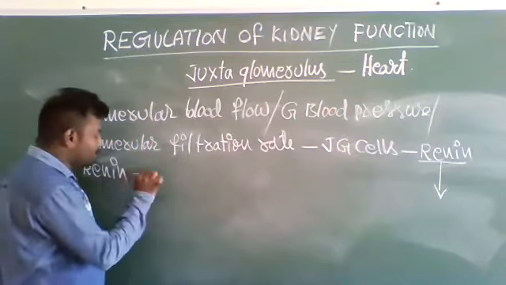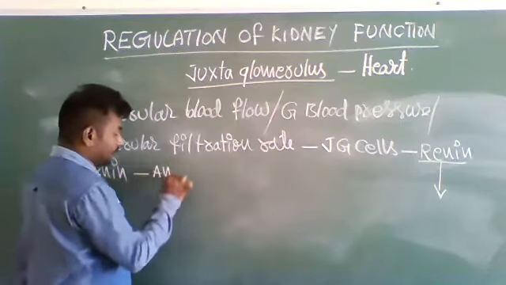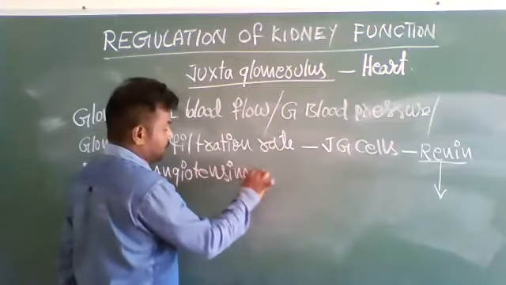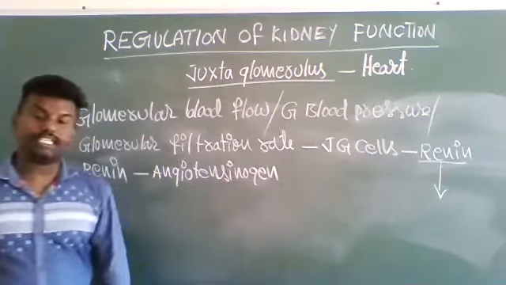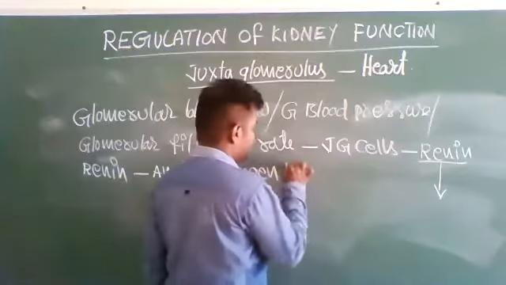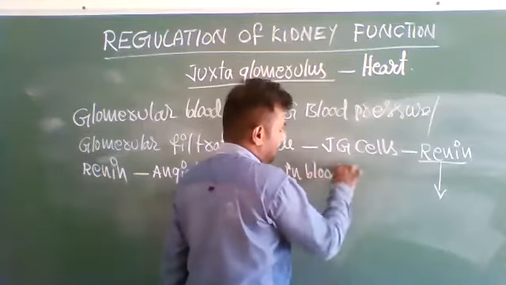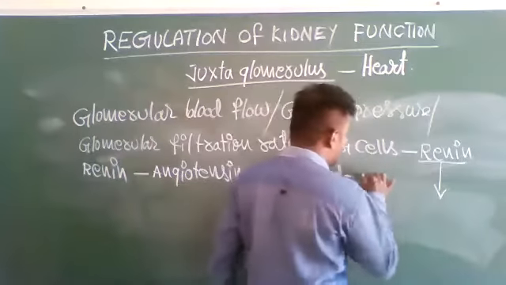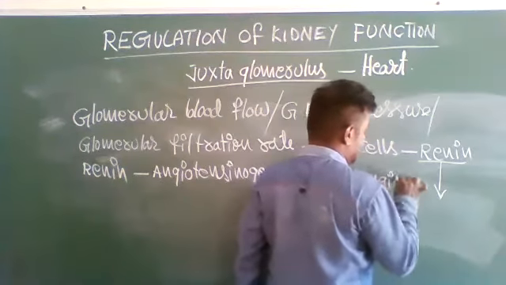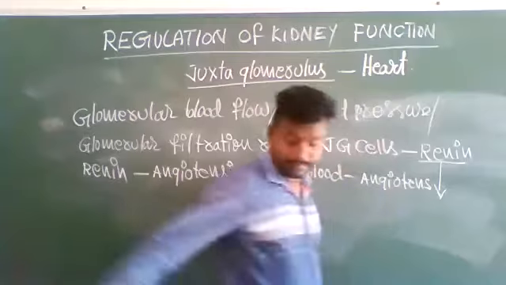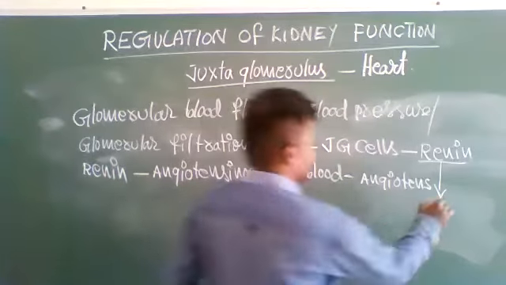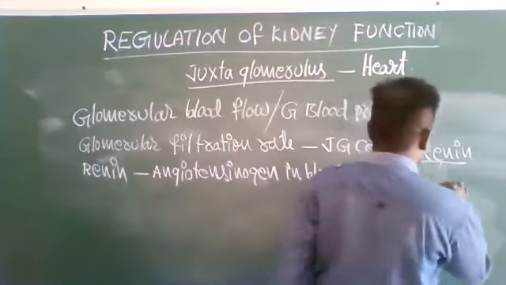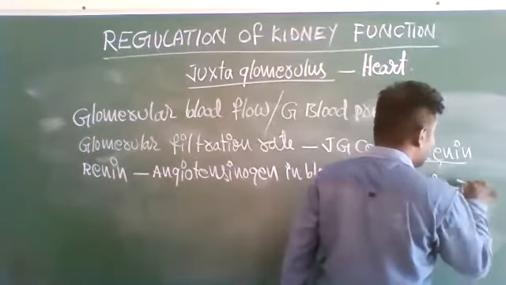So this renin enzyme can convert angiotensinogen in blood into angiotensin 1 and angiotensin 2.